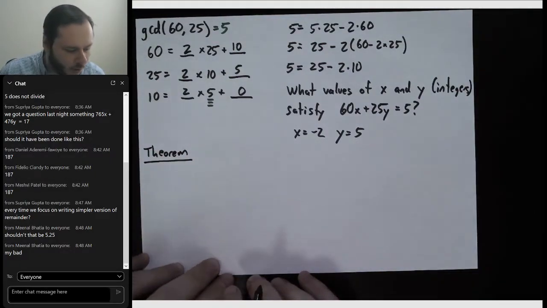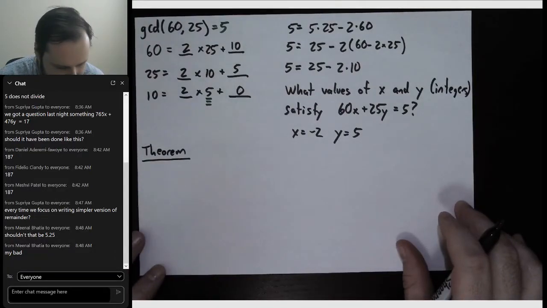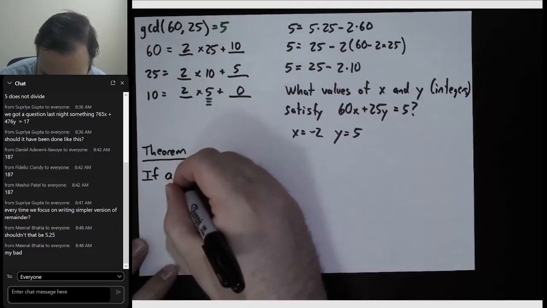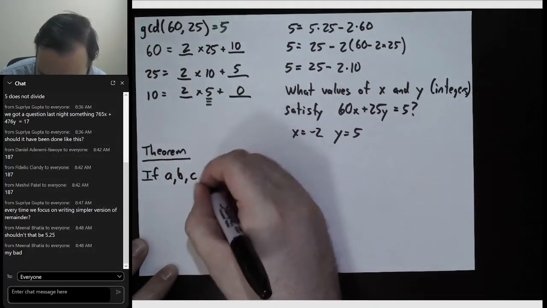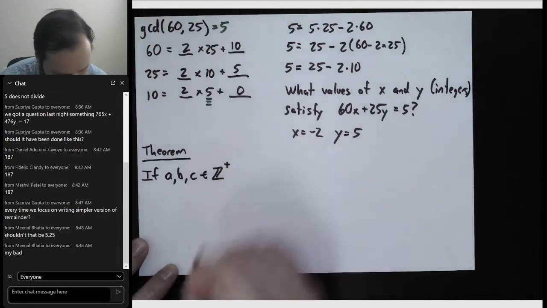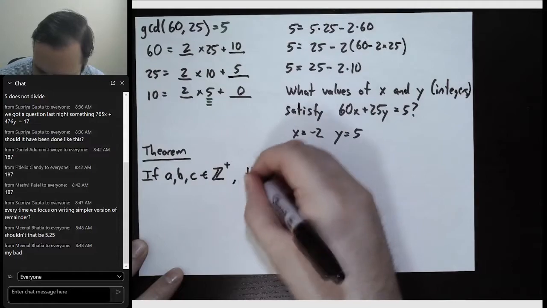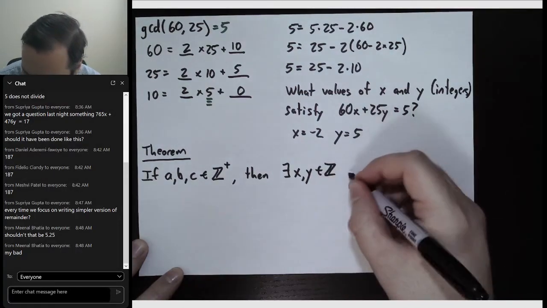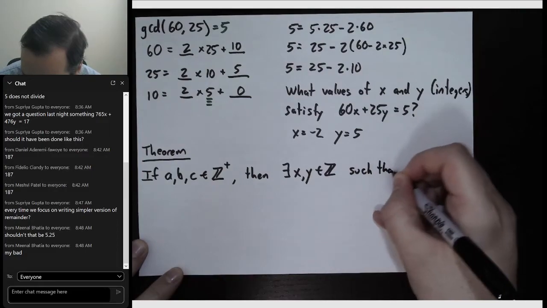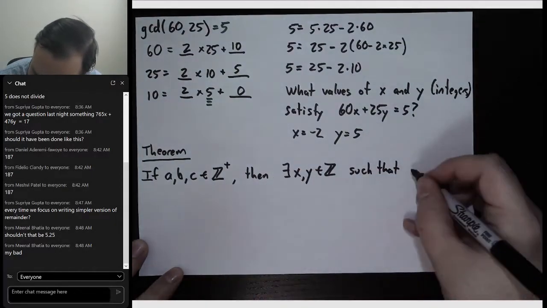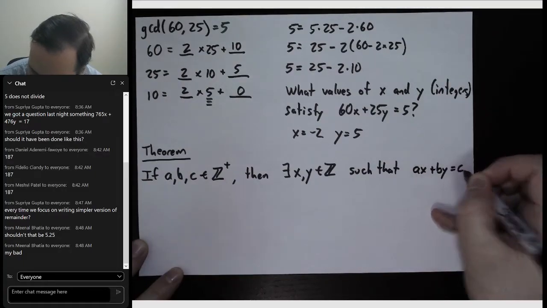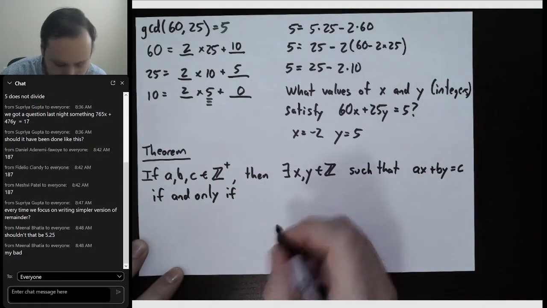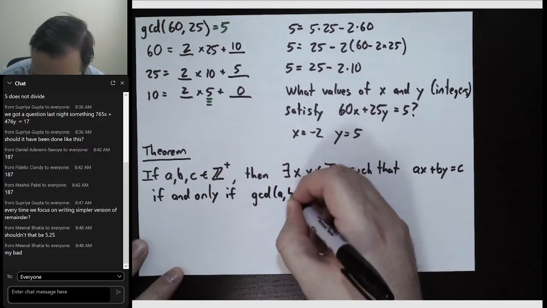In fact, the only time we have integer solutions: if A, B, and C are all positive integers, then there exist integers x and y such that ax plus by equals c, if and only if the GCD of A and B divides C.